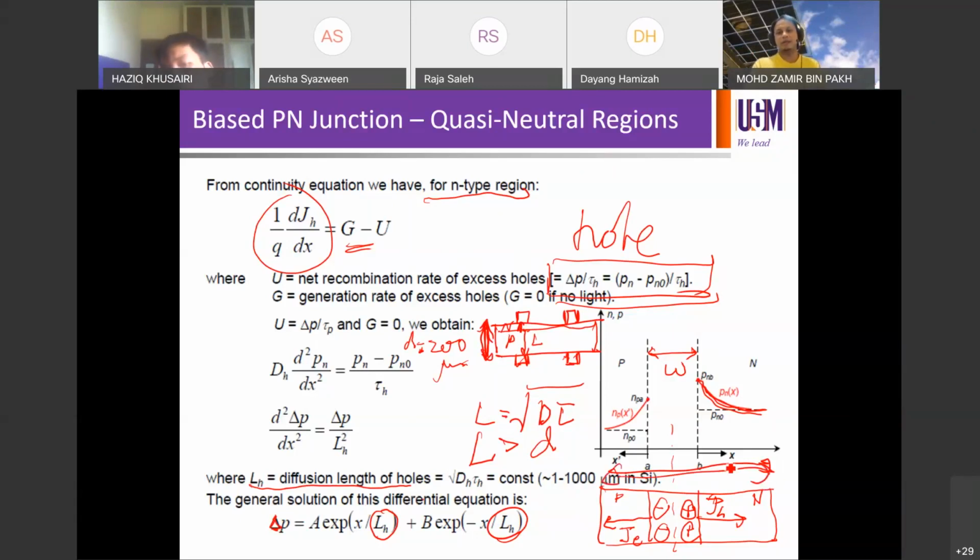But if you talk about the real device, say if this is the cross section of a wafer, normally, if you start with a p-type wafer, then you form a junction on the surface of the wafer. So remember, I told you last time that if this is your wafer, so you are not diffusing.